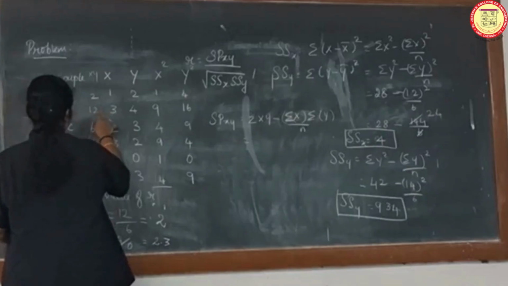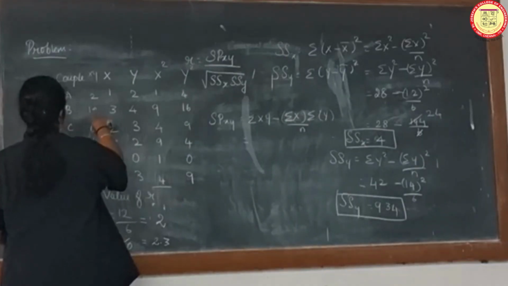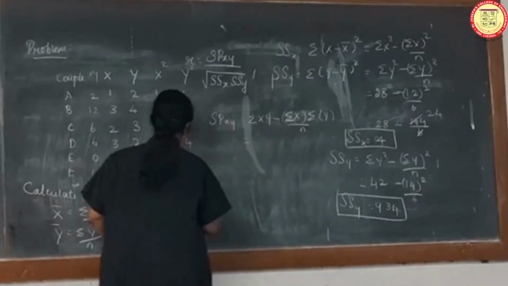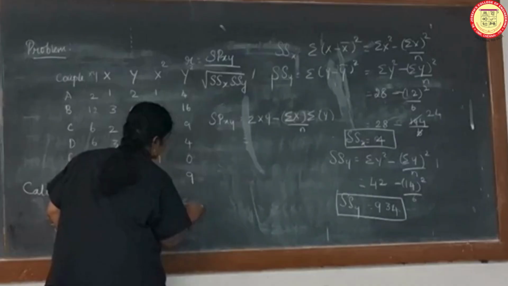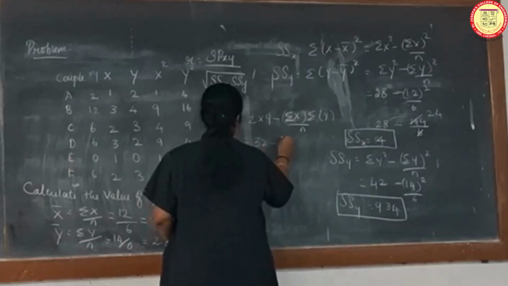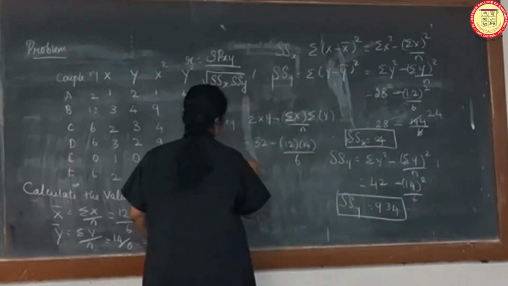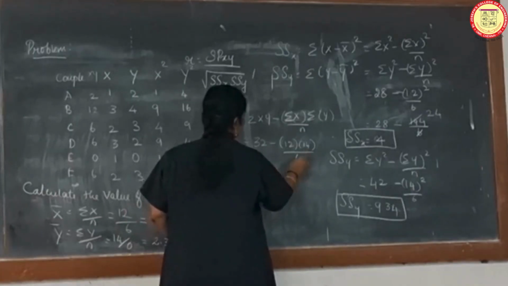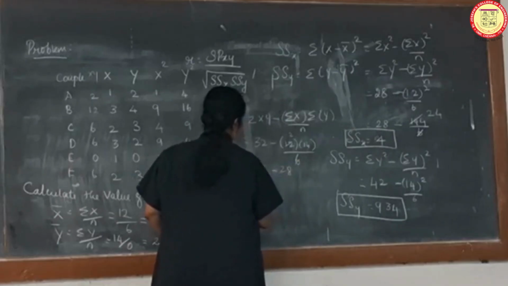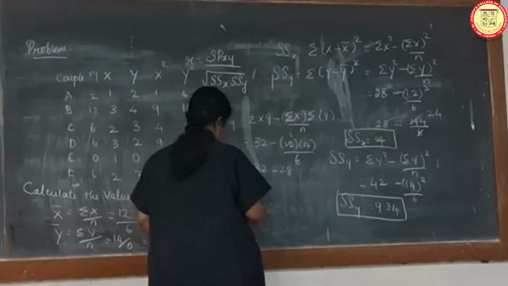The sum of these values is 32, so summation xy is equal to 32. So 32 minus 12 into 14 divided by 6, which is 32 minus 28. So SPXY is equal to 4.